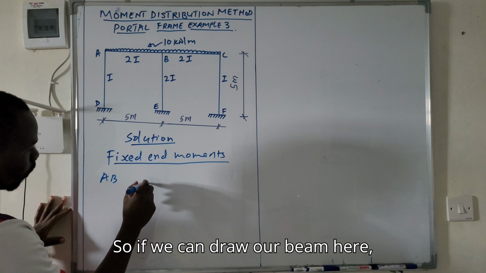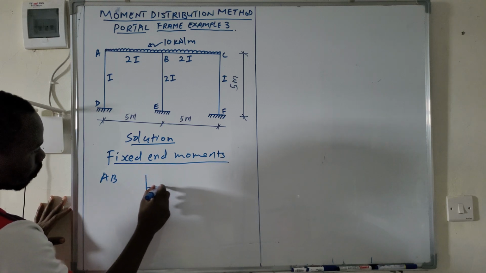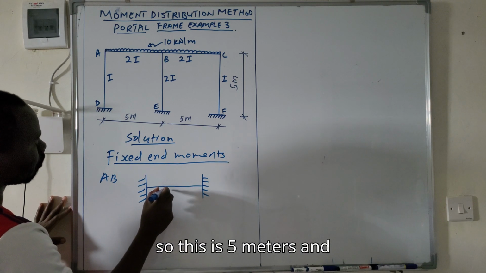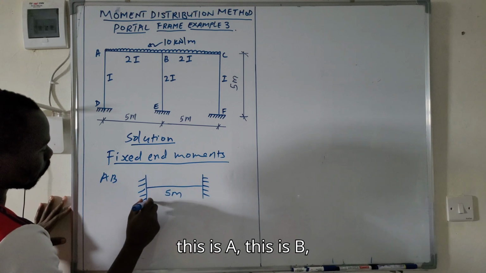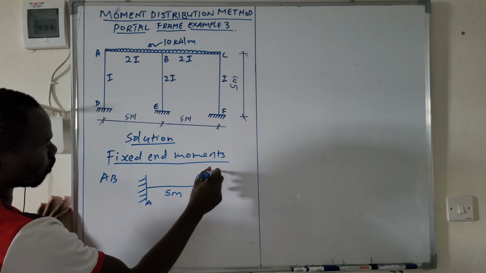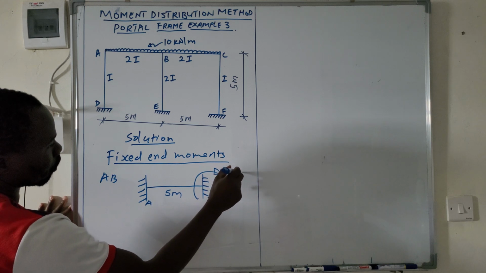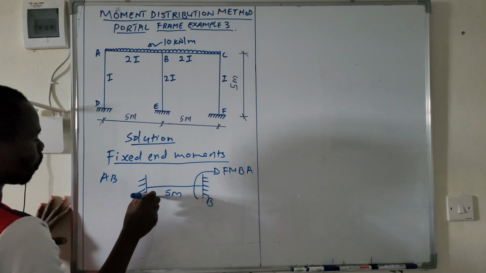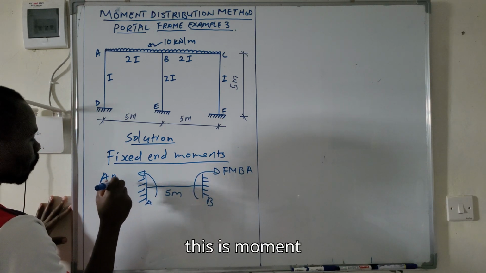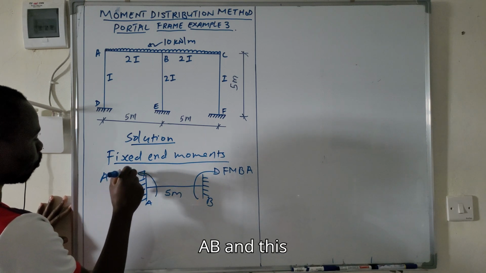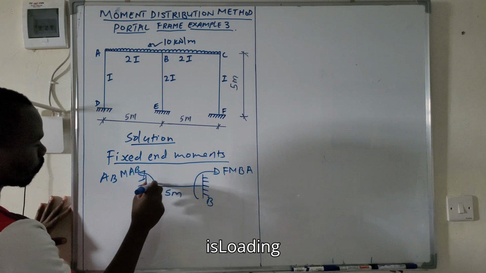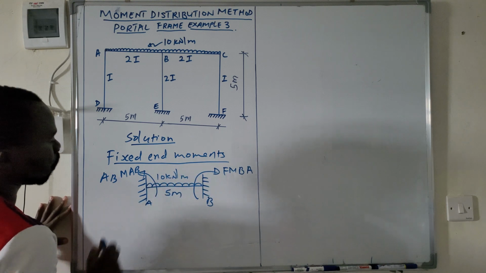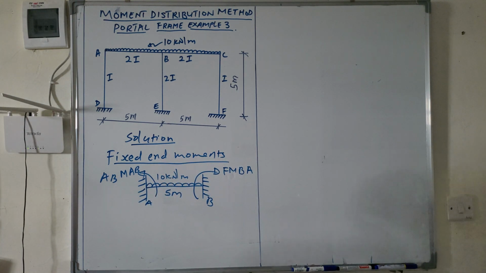If we draw our beam here, this is 5 meters, this is A, this is B, this is the fixed end moment MFBA, this is moment MFAB, and this is the loading, which is 10 kilonewton per meter.